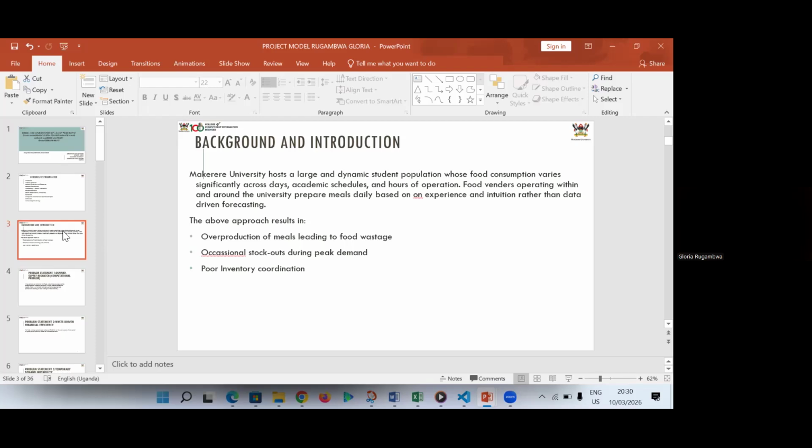in a certain academic period, for example, the exam period, there is low demand, there are low sales of the pancakes.